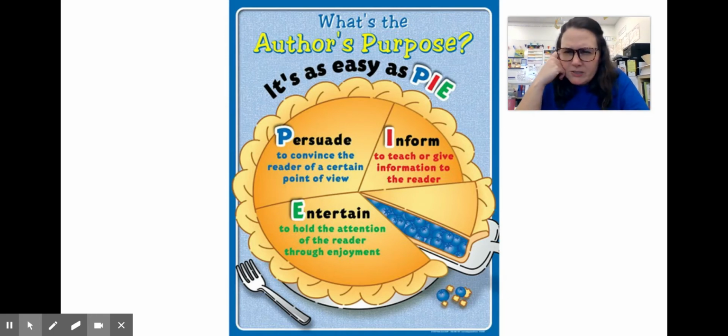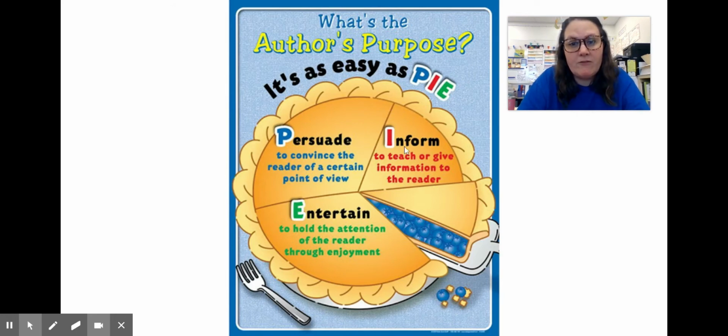Was the author trying to convince us to agree with him about something? No, not really. Was the author trying to convince us to do something? No. So I think we can mark that out. It was not to persuade. That's not why the author wrote this book.